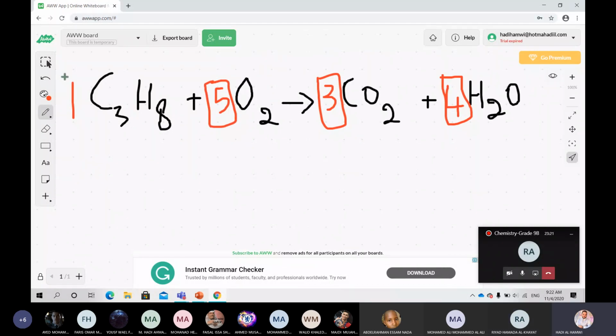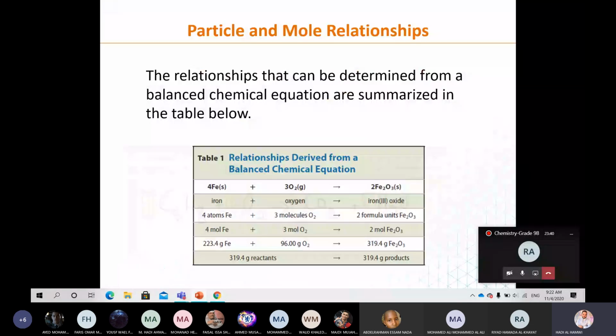So why should I balance the chemical equation before I start deriving? In order to add the coefficients. Okay? Any question? No. Great. So now we will talk about the last part.